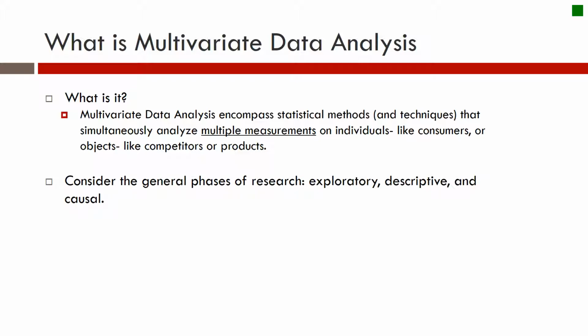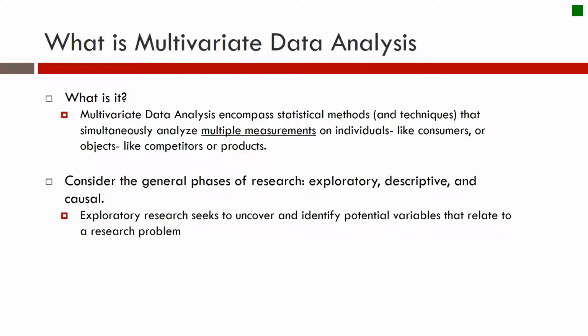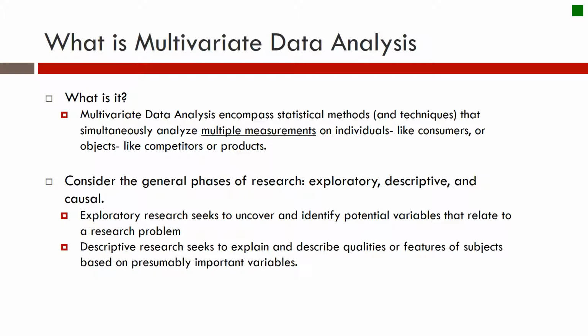If you think about the research process in general, consider that there are three different major stages or types of research, and you may be familiar with these. Exploratory research is research where we want to find out or uncover a series of variables that might relate to the topic that we're studying.